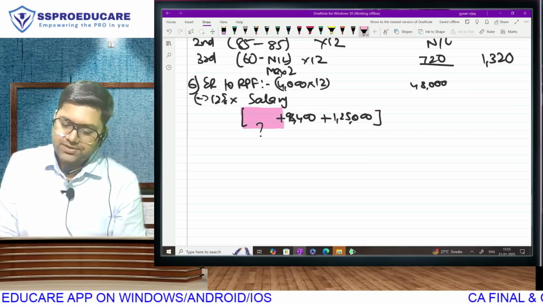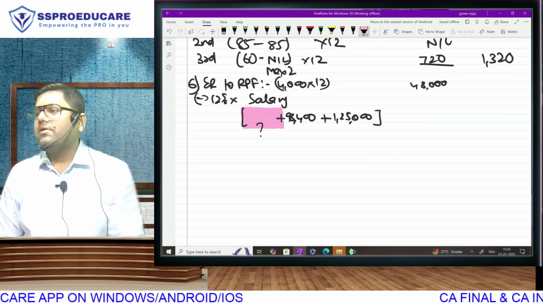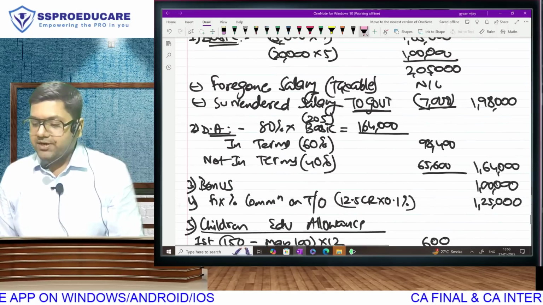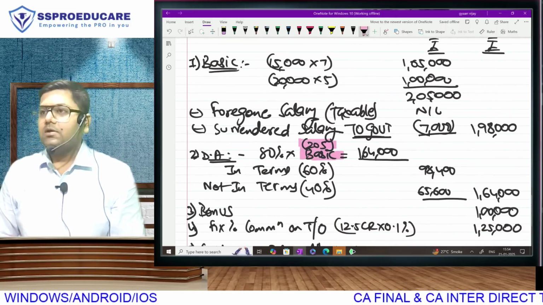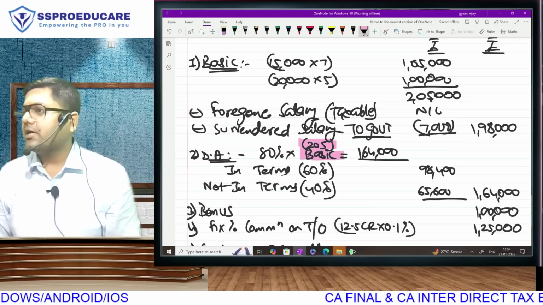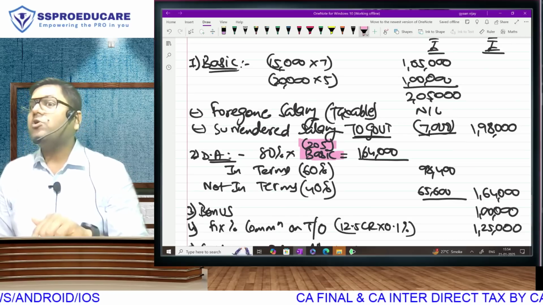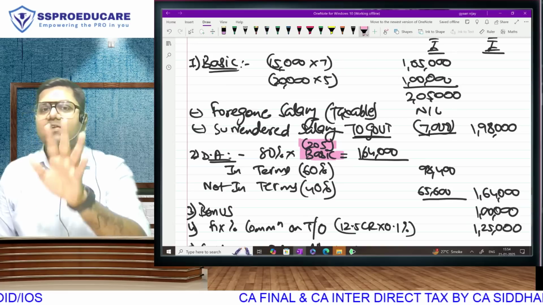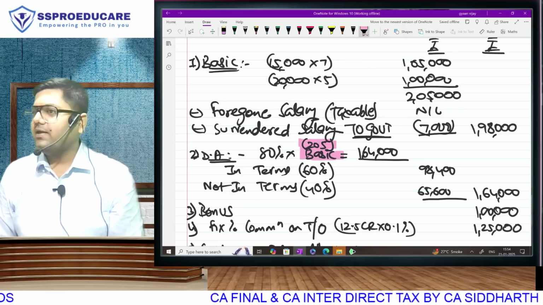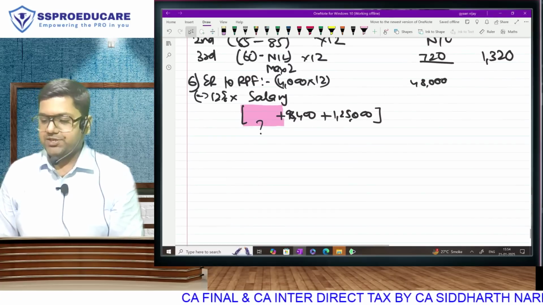Main point of the question. Basic salary. Last time we had two options here in DA. So we took 205. Does not mean this time also we will take 205. And just because I said this does not mean we will take 198. What will we take? 205 or 198 is my question.